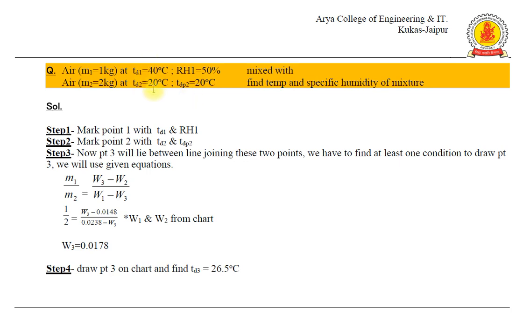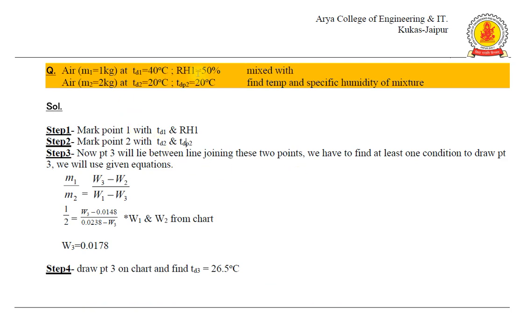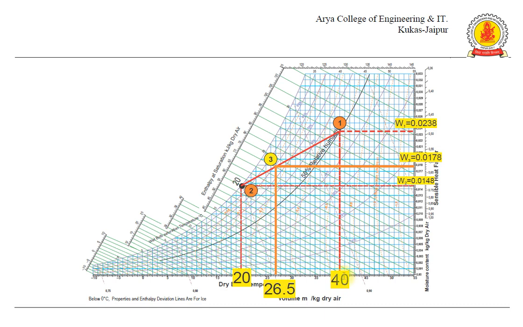To solve this, first we will mark point 1 with dry bulb temperature 1 and relative humidity 1. We can take any two values here. Here we have shown it on the psychrometric chart. 40 degrees, 50% RH.